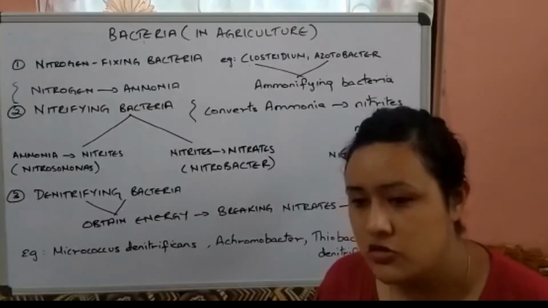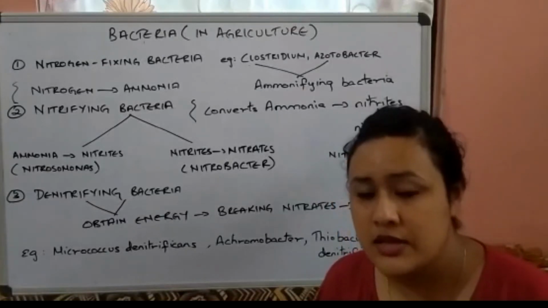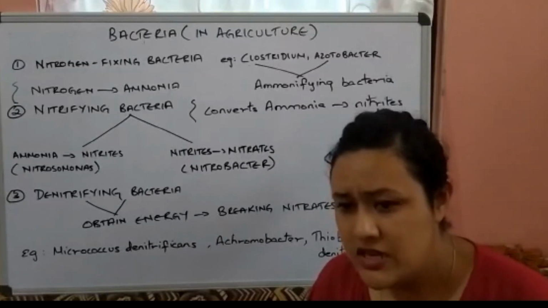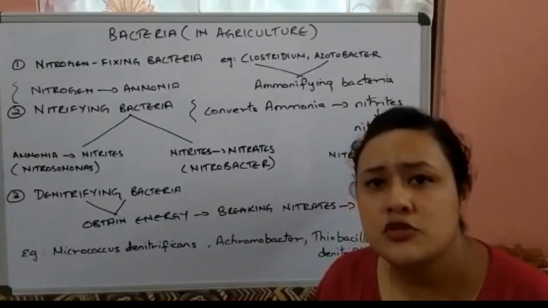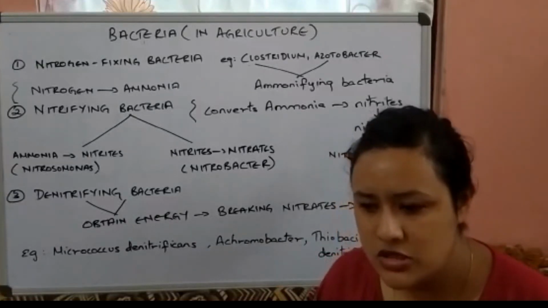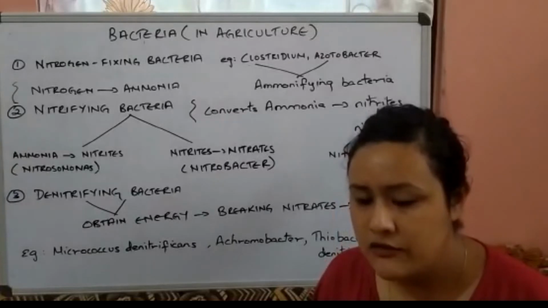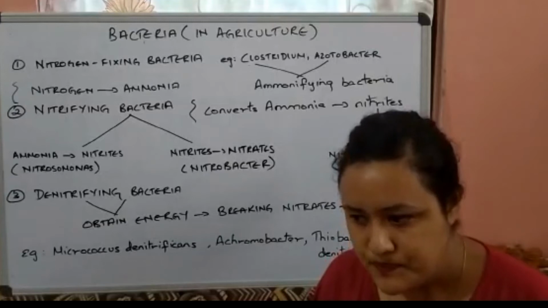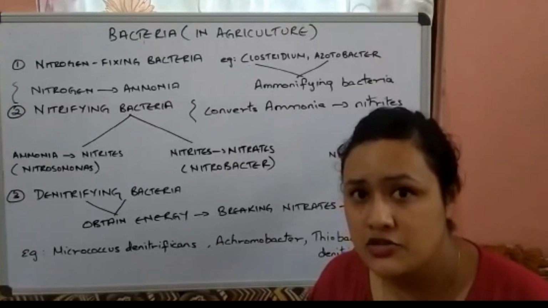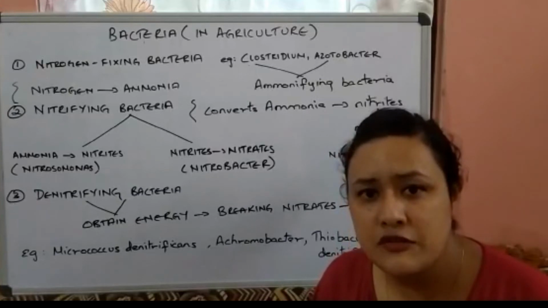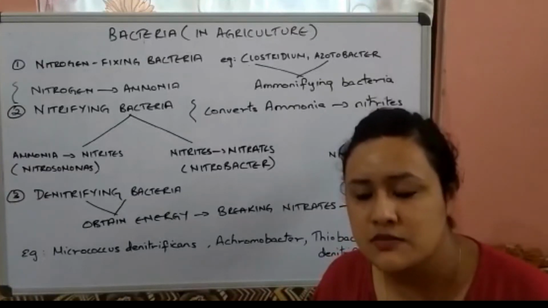Just like oxygen, nitrogen is also important. About 80% of the atmospheric gas is nitrogen, but we are unable to take in nitrogen directly, which may cause nitrogen deficiency in all living organisms.